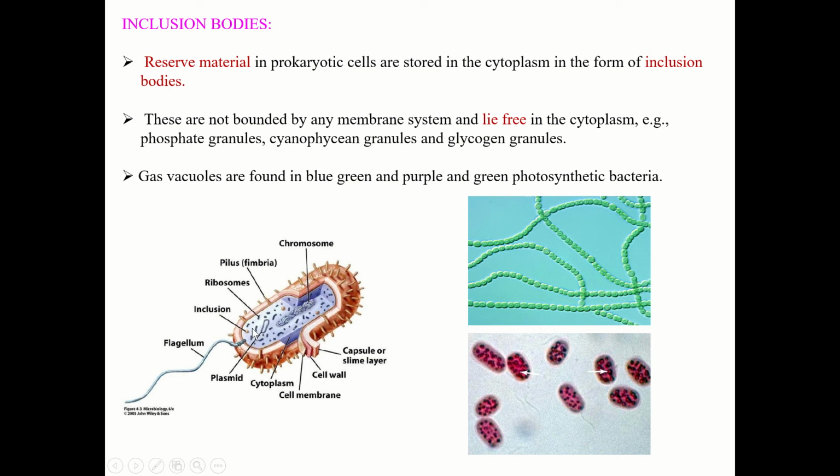Examples of inclusion bodies are phosphate granules, cyanophycin granules, and glycogen granules. Gas vacuoles are found in blue-green algae and purple and green photosynthetic bacteria.